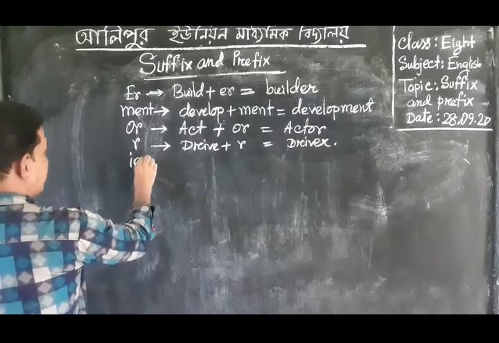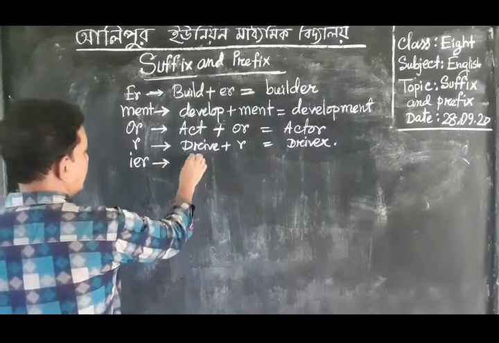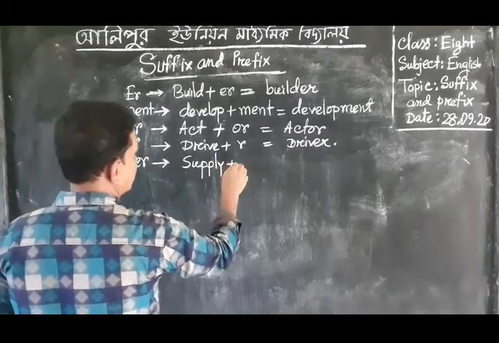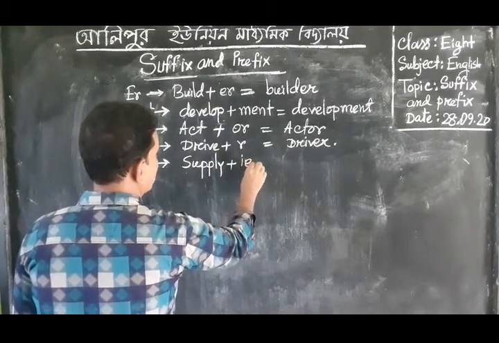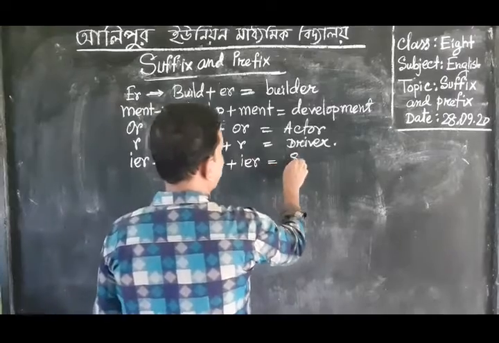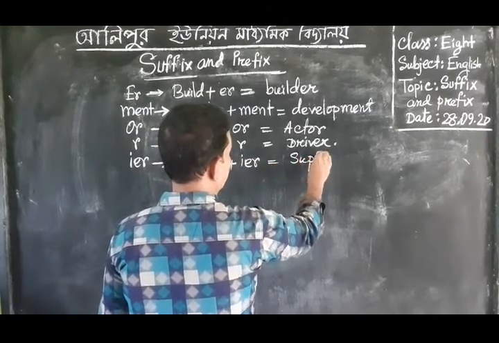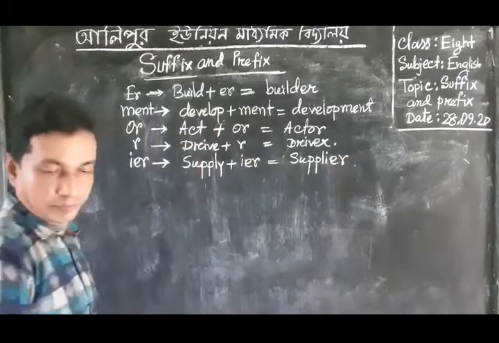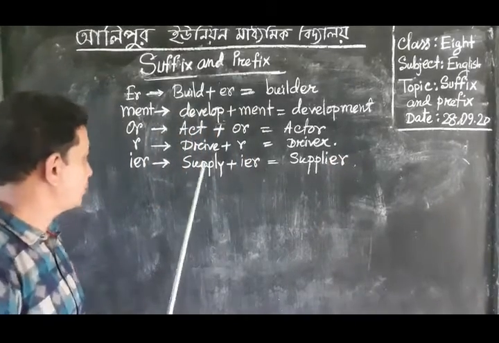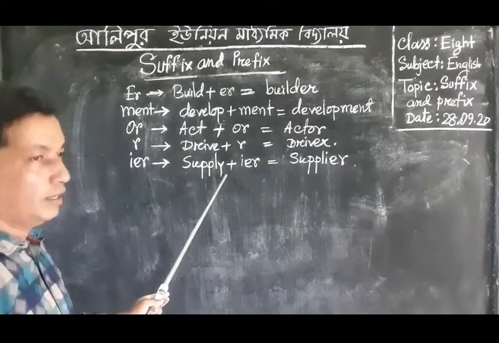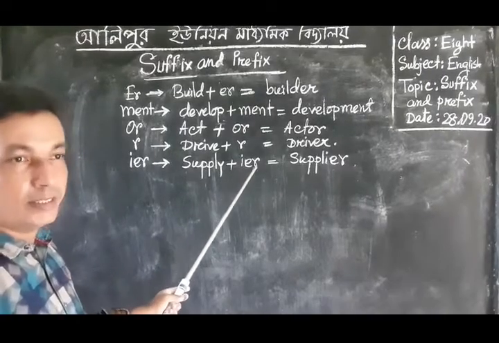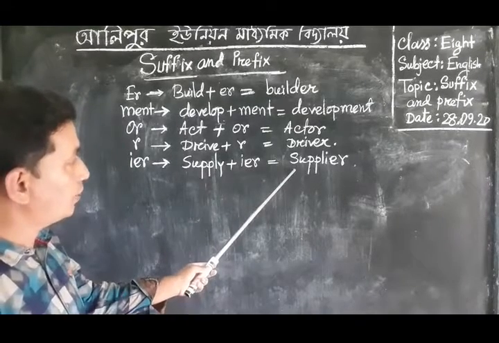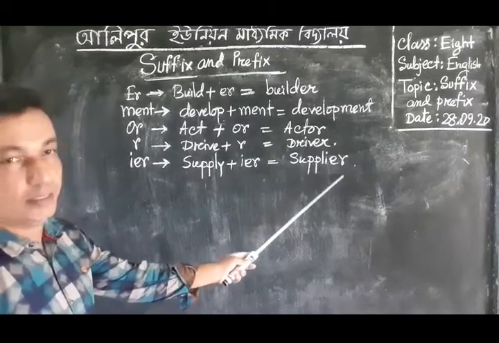"-ier" here. Supply. Dear learners, look at the blackboard. Supply is a verb, and we have added "-ier" at the end of the verb supply, and the new word formed is supplier.